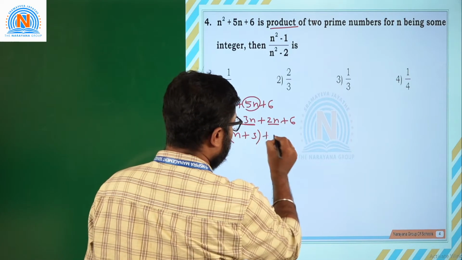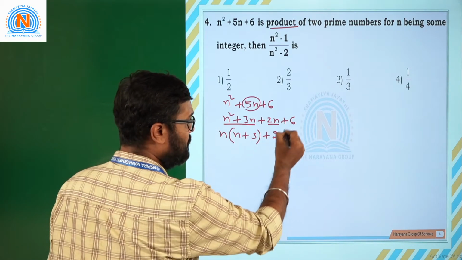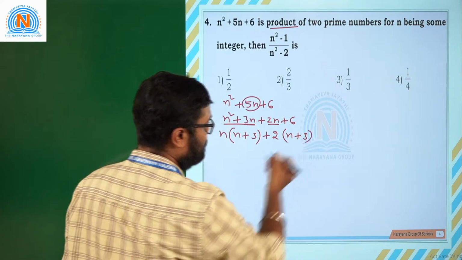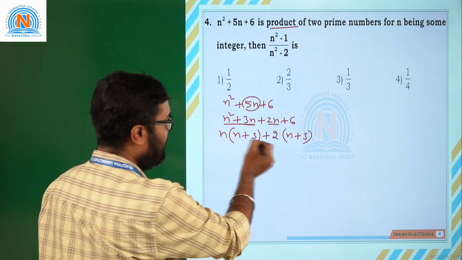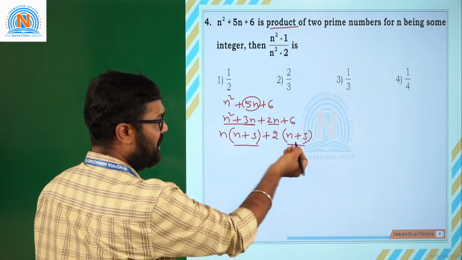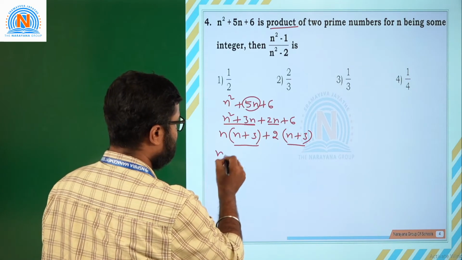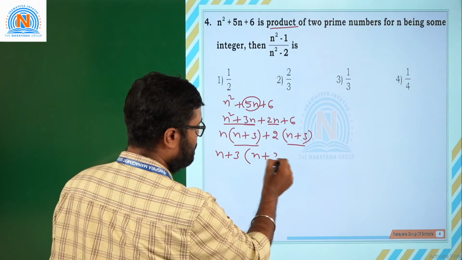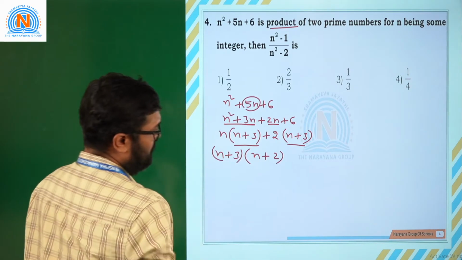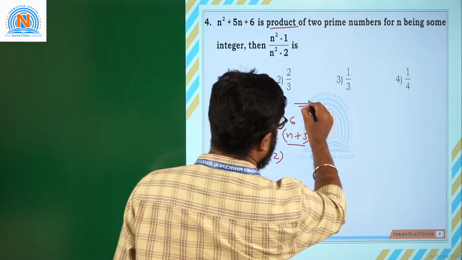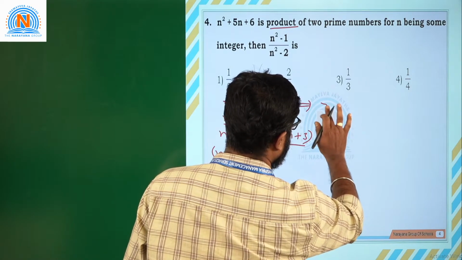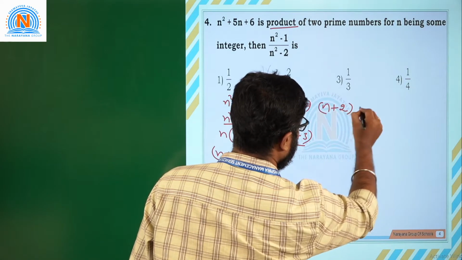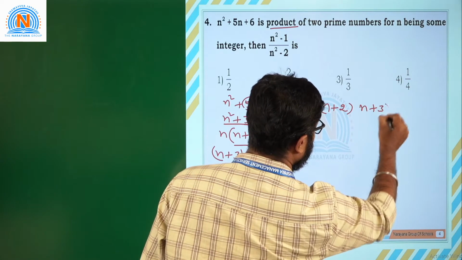Now take 2 common from these two terms, it will be n plus 3, isn't it? So now take this n plus 3 common, then the leftover is n plus 2, isn't it? So this can be written as the product of n plus 2 and n plus 3.